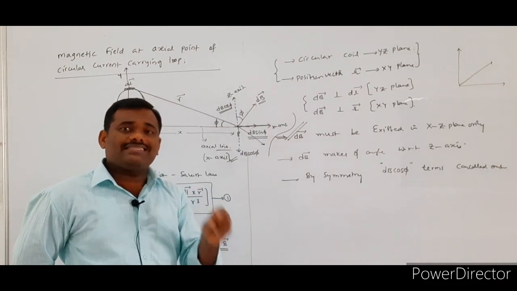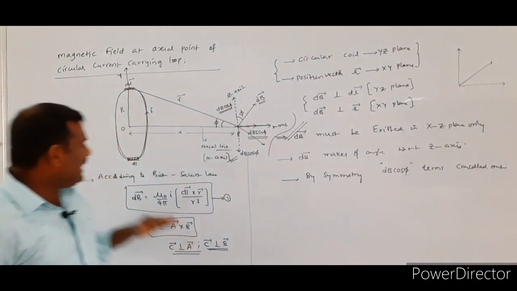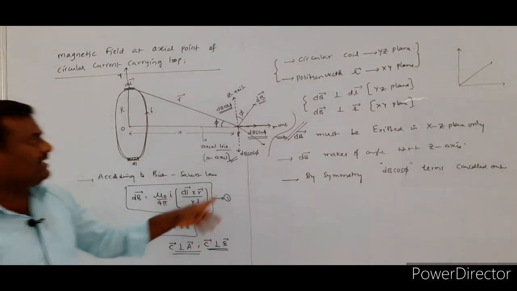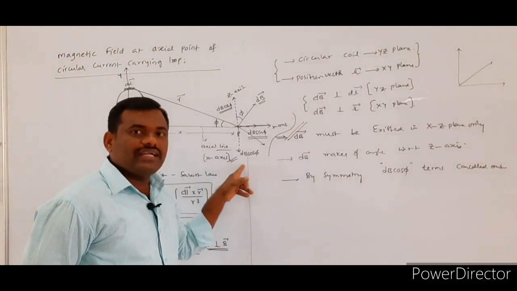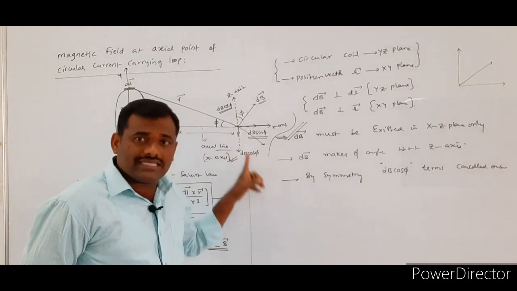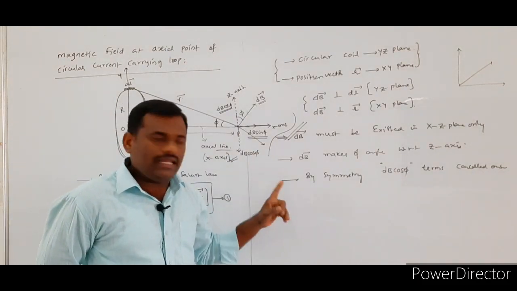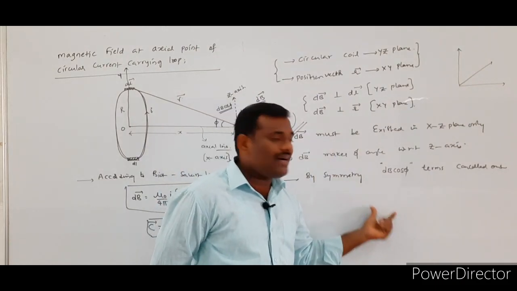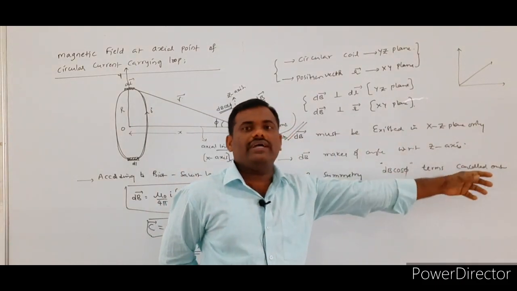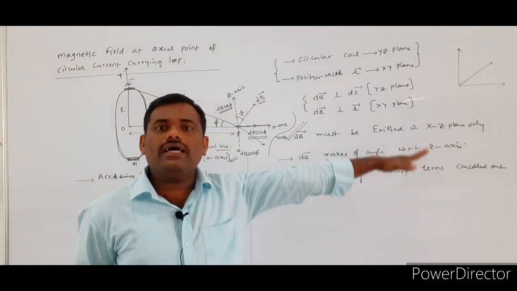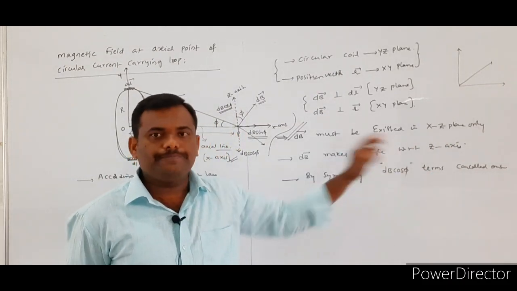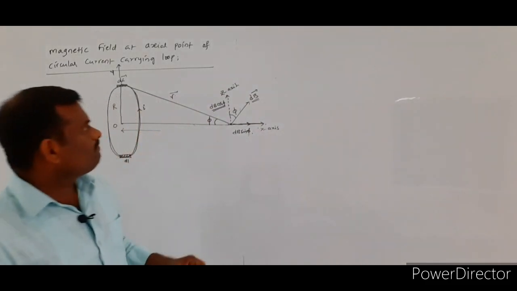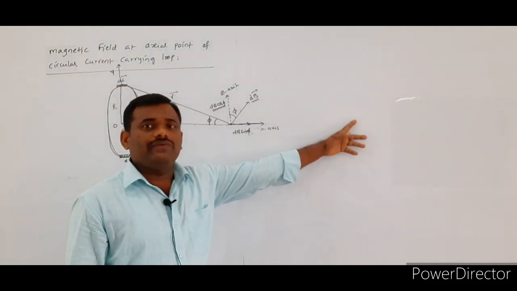If you consider a symmetrical element dl at the bottom of the circular current carrying loop, then by the symmetry, the cos component of that element will be acting in the vertically downward direction. That only we wrote here. By the symmetry, dB cos phi terms will be getting cancelled out. Now see here, the remaining derivation part we will see.